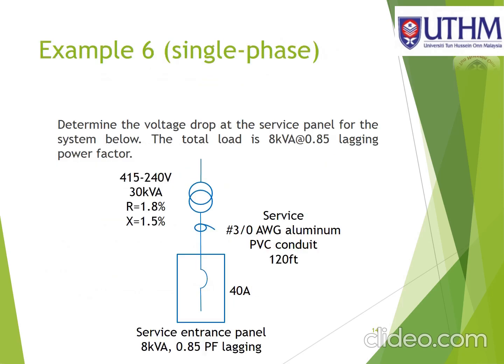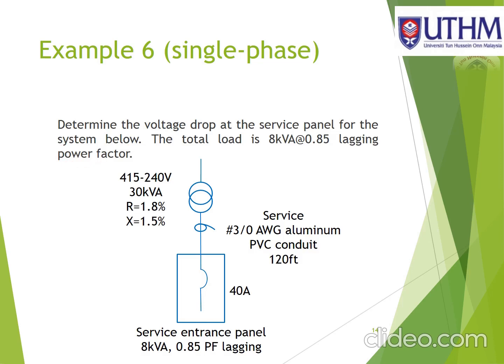Next we go to example 6, for single phase. Determine the voltage drop at the service panel for the system below. The total load is 8 kVA at 0.85 lagging power factor.